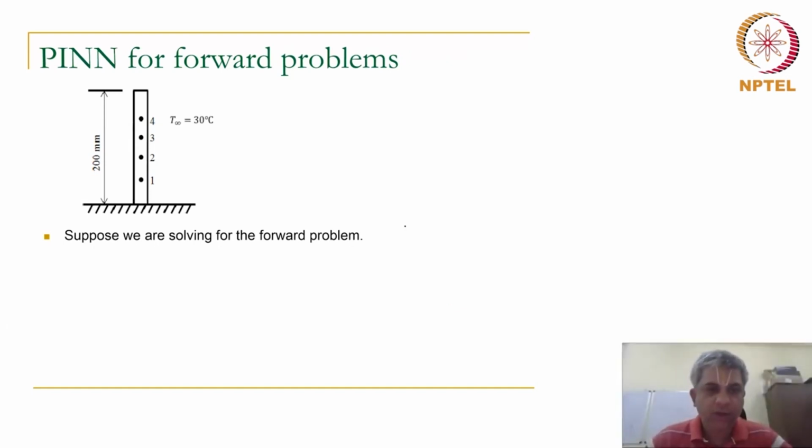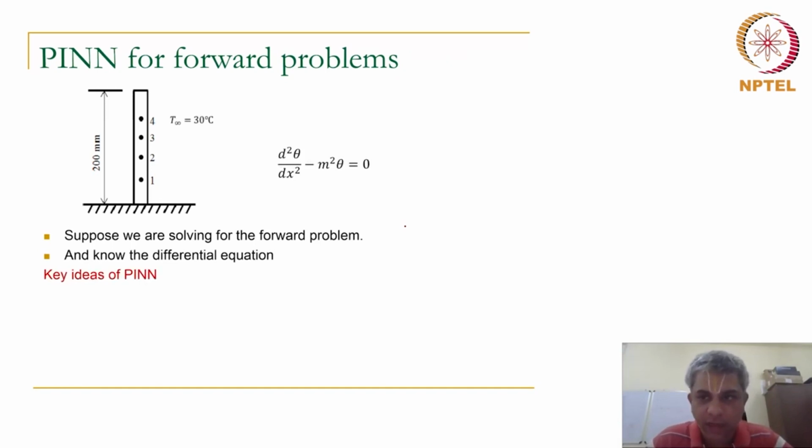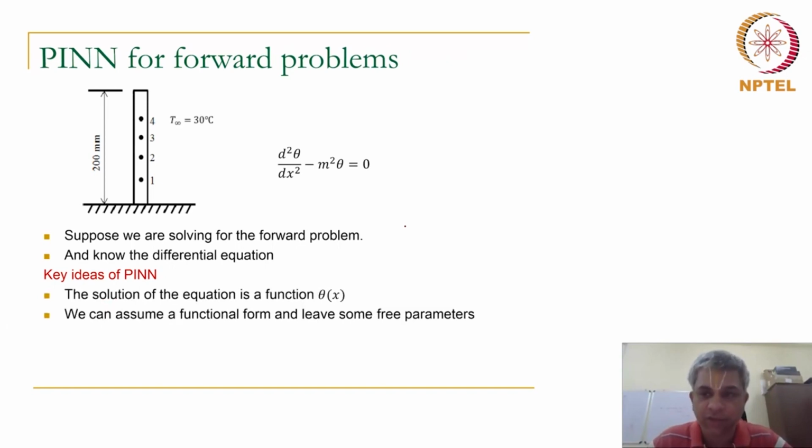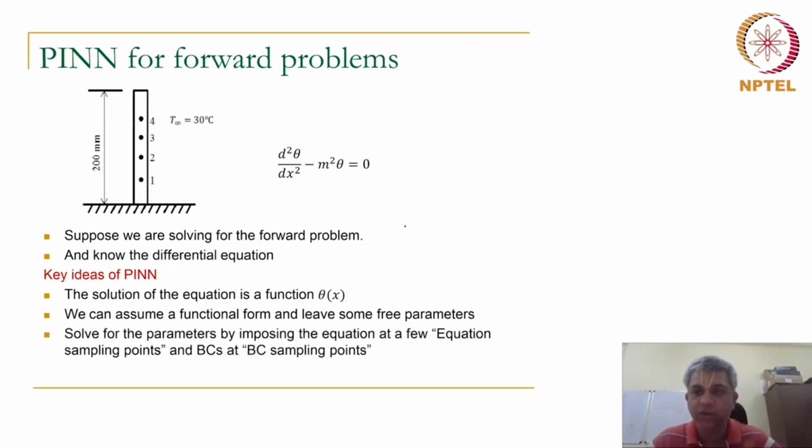Okay, so suppose we are solving for the forward problem and know the differential equation. I am just giving you a recap of what we already did. The key idea of the PINN is that the solution is a function, of course, and you can assume some functional form and leave some free parameters, which I'll show you today also. This functional form could essentially be a neural network, and the free parameters could be the weights of that neural network.